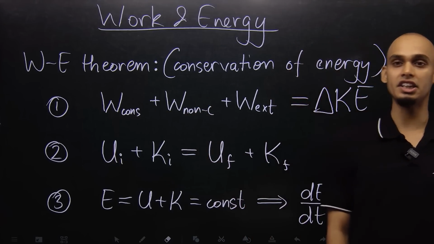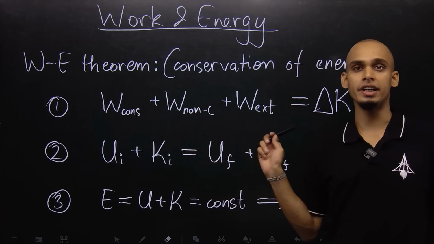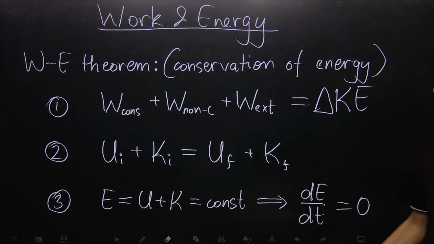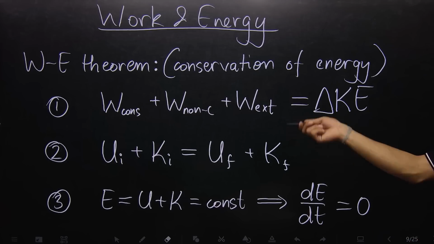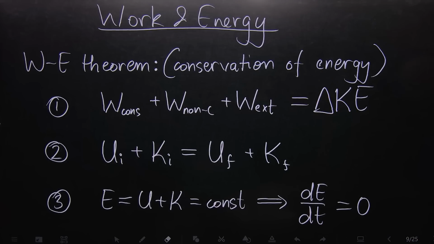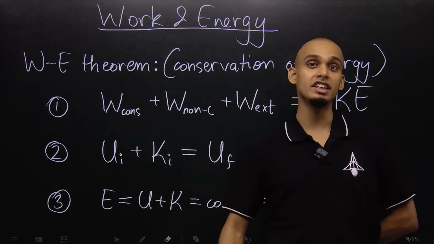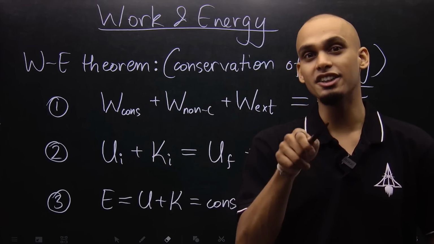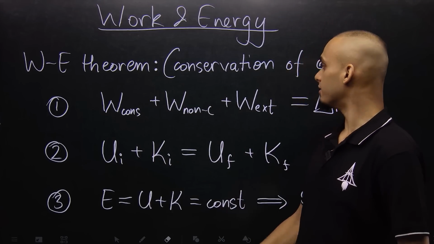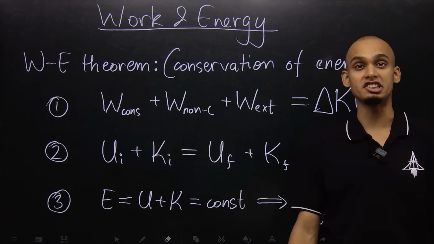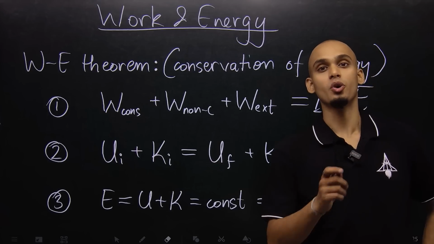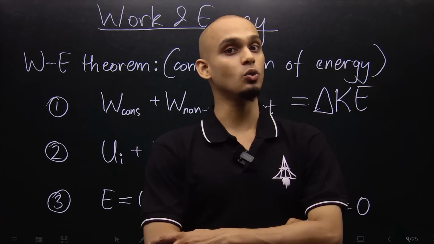So the theorem states that the total work done by all forces on objects is equal to the change in kinetic energy of it. And I have just split the work done for convenience, that is work done by conservative force, which you can easily calculate by integrating the force with respect to position. Work done by non-conservative force, the integration may not be very simple, because non-conservative forces are dependent on other quantities also.